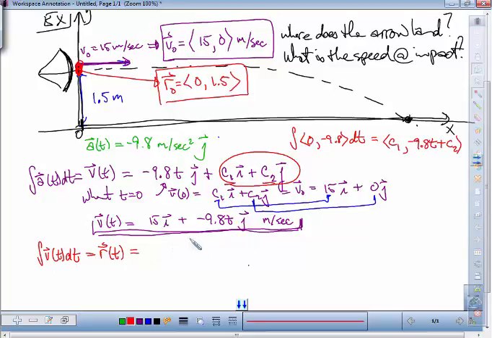Maybe I'll try doing the integral with the constants within the components. Let's try that. So if I integrate 15, I'm going to get 15t plus a constant. I used C1 and C2, so let me use another letter, D1.